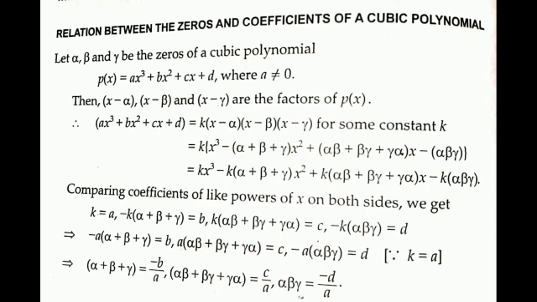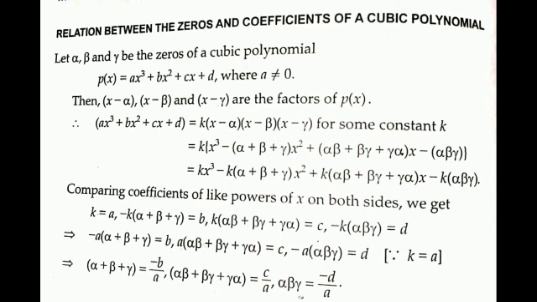Here k is some constant. After simplification we will have k[x³ − (alpha + beta + gamma)x² + (alpha beta + beta gamma + gamma alpha)x − alpha beta gamma].